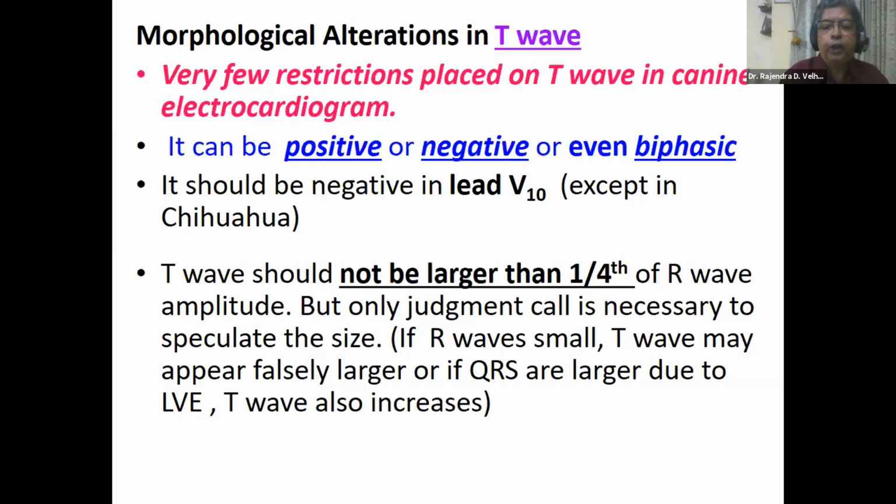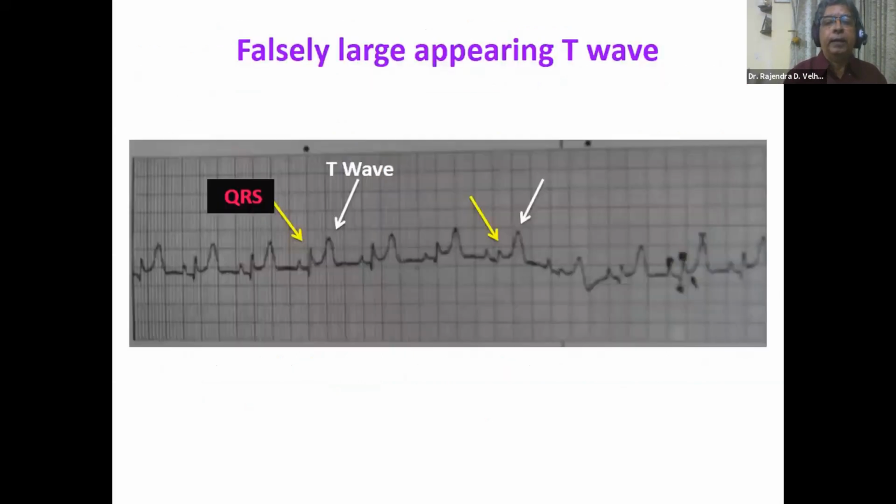Now, the T wave should not be larger than 1/4 of the R wave amplitude. But again, this is a judgmental call for the clinician, because sometimes if the amplitude of the QRS complex is smaller, then the T wave, even though it is of normal amplitude, would appear falsely enlarged. So it's a judgmental call for the clinician to see the merit of the case and then interpret accordingly.